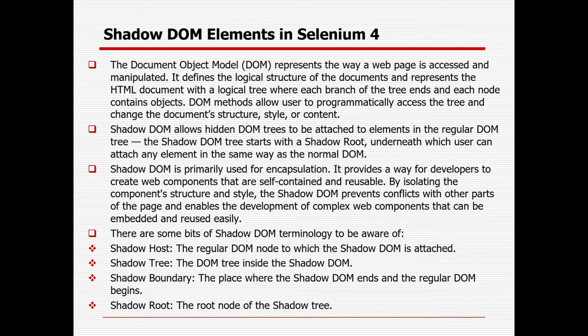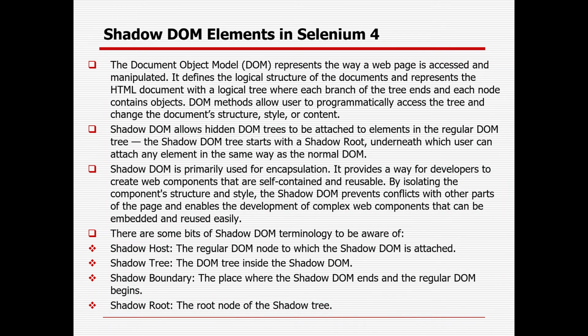It defines the logical structure of the documents and represents the HTML document with a logical tree where each branch of the tree ends and each node contains an object. Document object model methods allow the user to programmatically access the tree and change the document structure, style, or content.